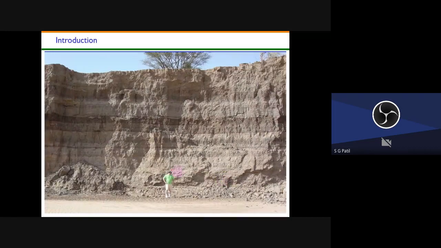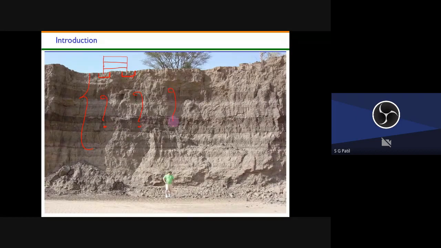Let me just introduce. Suppose you want to build a structure here, with this portal frame. Before designing and obtaining the dimensions of these foundations, you should know the type of soil present below.